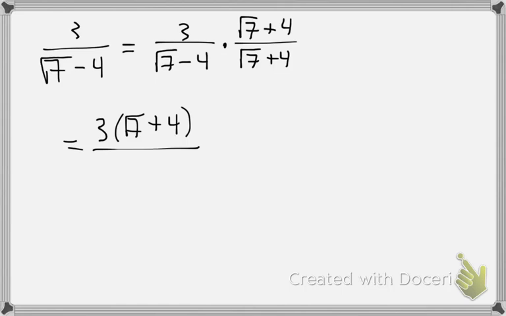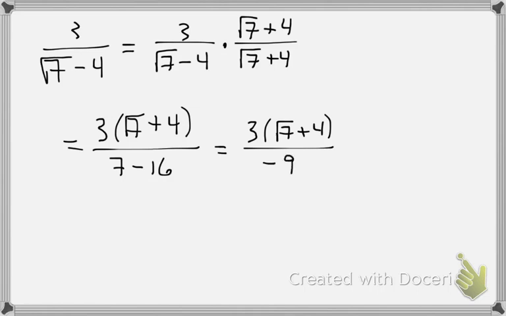And on the bottom, isn't that a difference of squares? Which becomes 7 minus 16. So we've got 3 square root of 7 plus 4. And on the bottom, that's going to be negative 9. Do you guys agree?